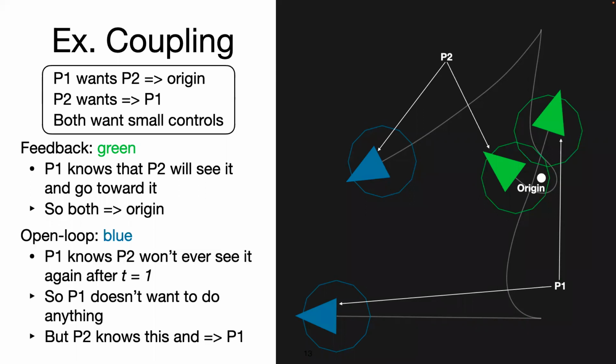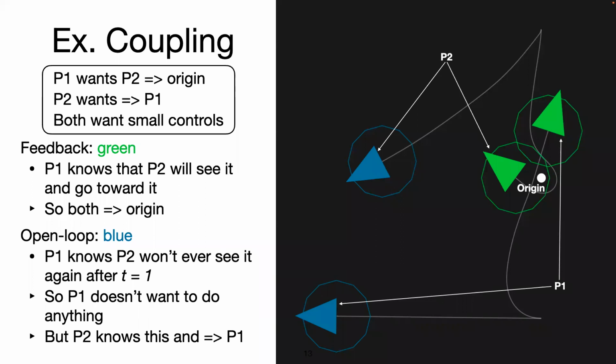That doesn't happen at all in open loop. In open loop, player 1 says to himself, well, gee, nothing I do from now on will get observed by player 2, because player 2 only sees the initial condition. So basically, all I should do is apply no input, because I want to apply small control inputs anyway.